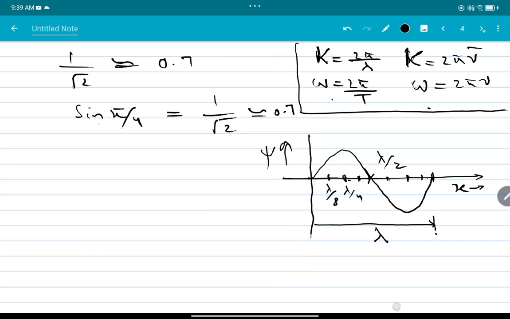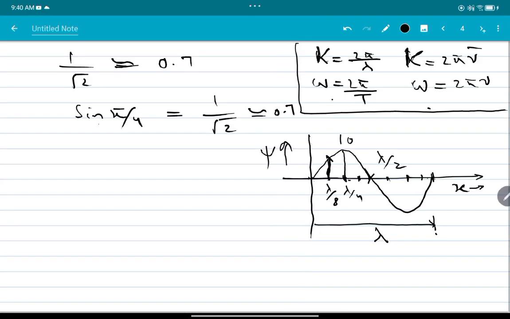One more thing, suppose I take the amplitude as 10, as an example. Now, what will be the value of this wave when the displacement position is equal to lambda by 8? What will be the displacement at that point? You can easily check it. The wave is itself described by sine.